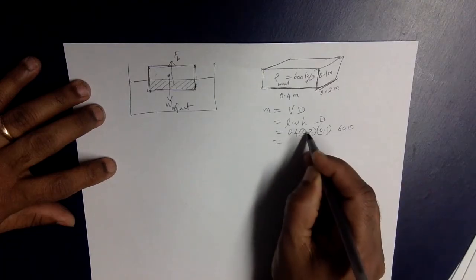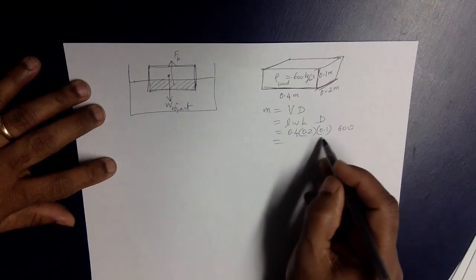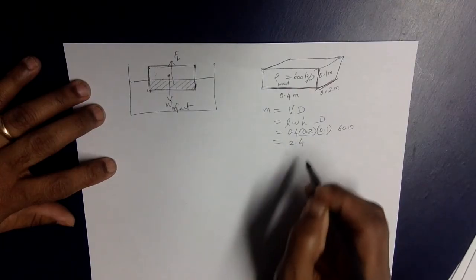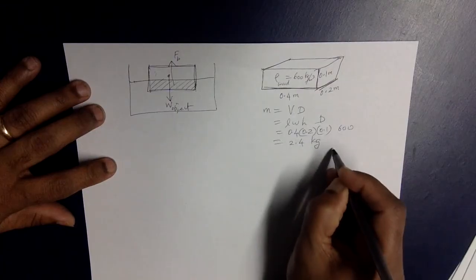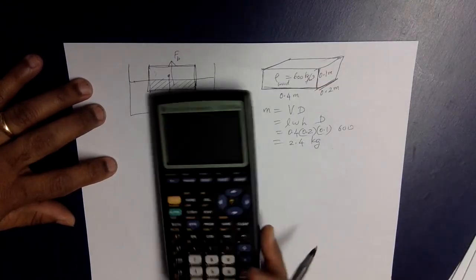So if you multiply all these things together, you should be able to see that it is 2.4 kilograms. That will be the mass of the block.